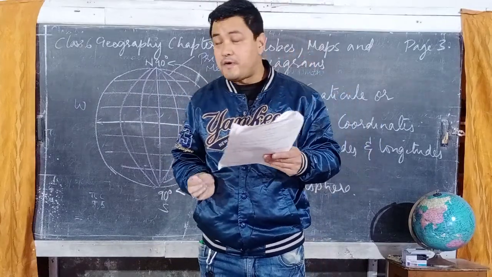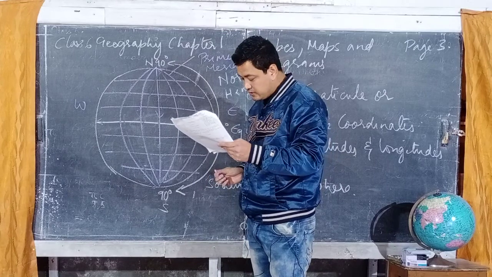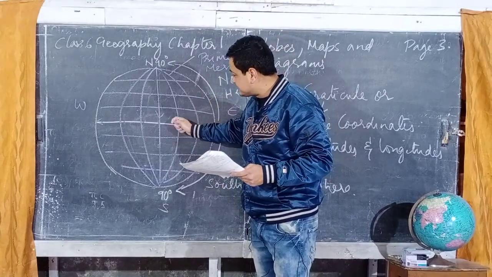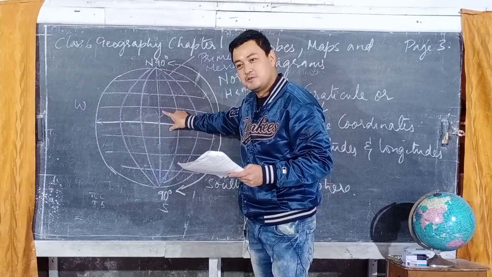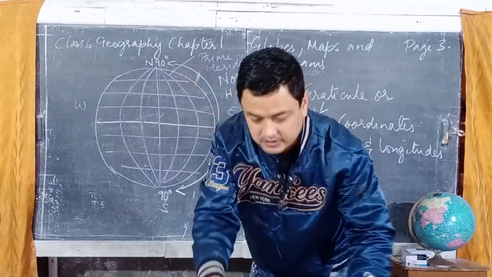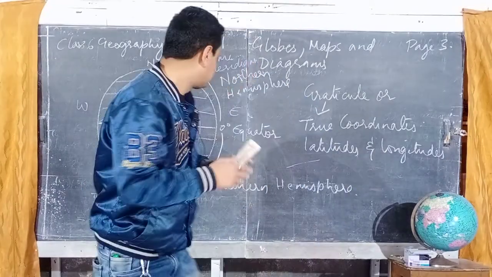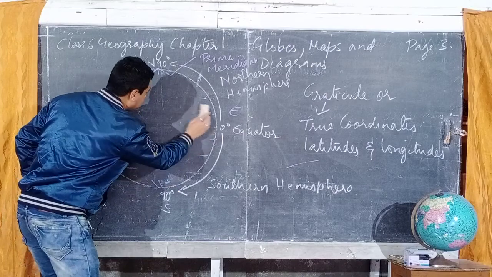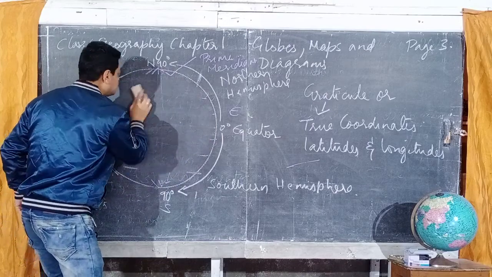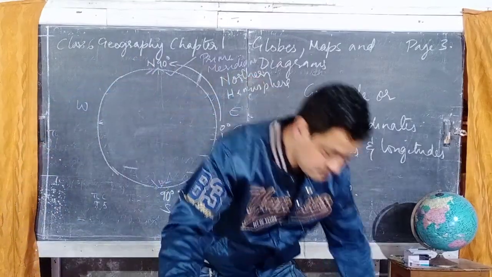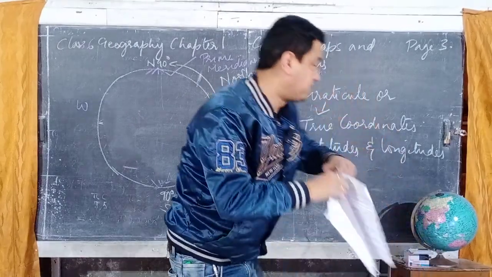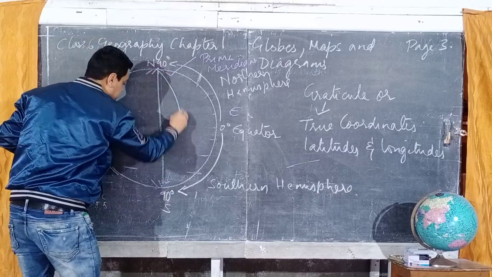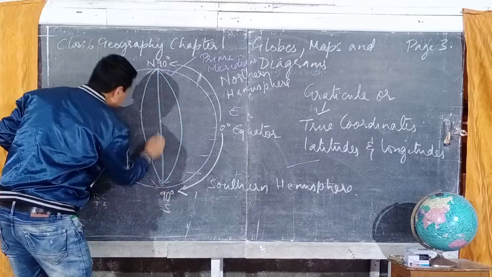So where do you find these lines widest? You find the lines of latitudes widest near the equator. I'm rubbing the latitudes, I'll show you on the blackboard. You might get confused with this, so I am drawing the longitudes here a little bit so that it will be much easier for you.